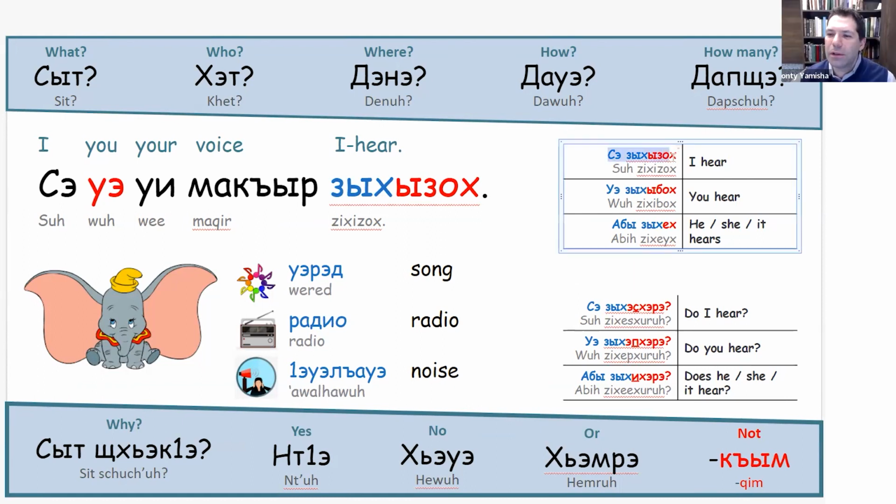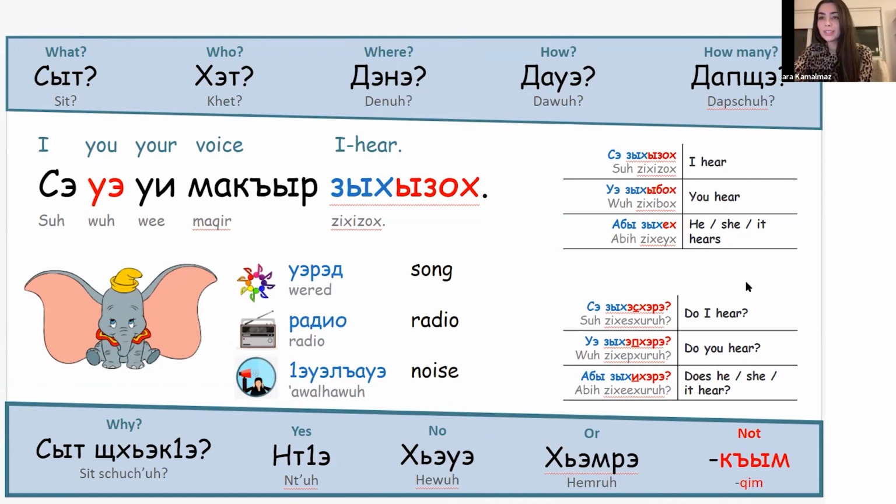Zikhizoch. Yeah. Is the screen too small? No? No, it's not. I'm just using my iPad, so I can't see it very well. Zanshawa. Sit. Wa televisor. Television. Wa televisor zikhab.